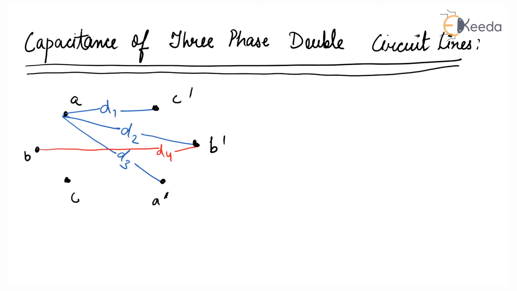Distance from A to C, D5. And distance from A to B and B to C is equal. This is capital D. So this is section 1.